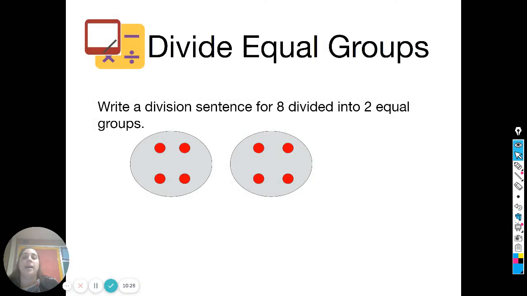Now I want you to write a division sentence for 8 divided into 2 equal groups. So here we have the 8 dots divided into 2 equal groups. Go ahead and write a division sentence for that.